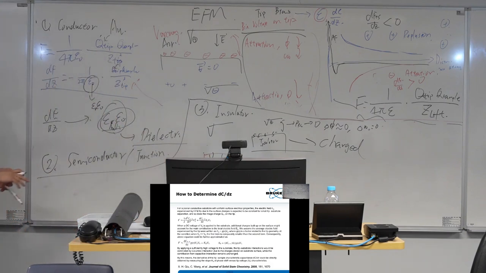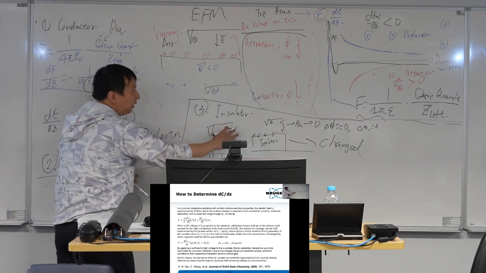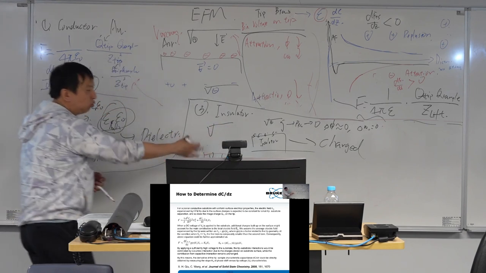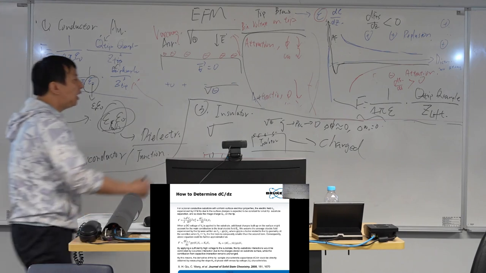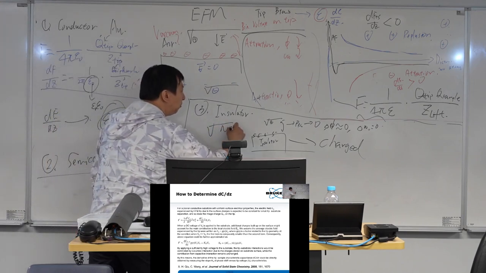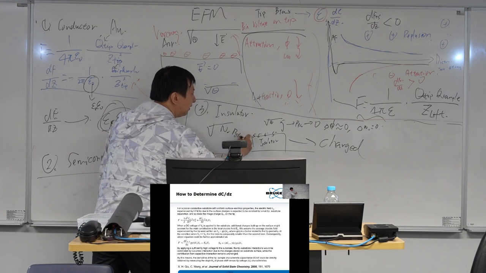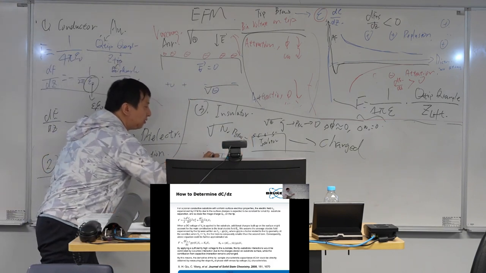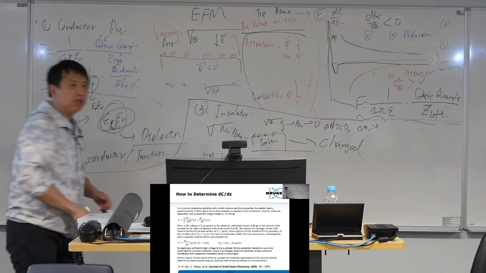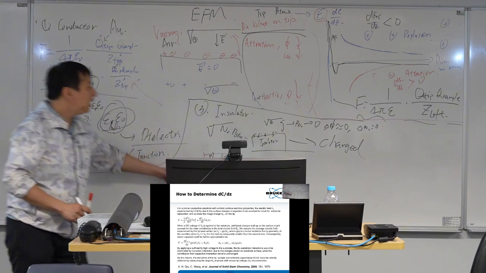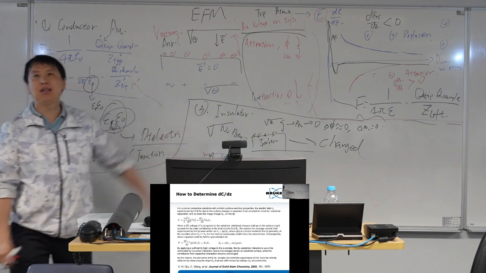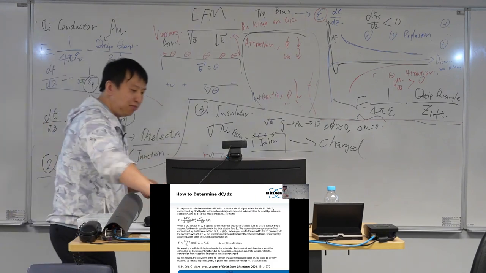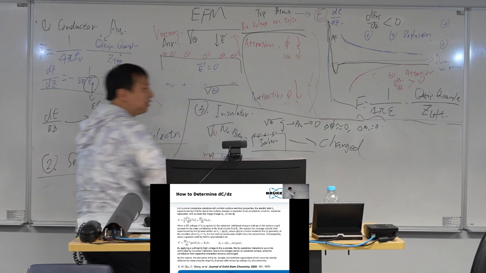What I will do, I will place my tips on top of the sample, and I apply low bias on the tip. And then, if the sample is charged, for example, if positive charge, it will polarize my tip, and then make my tip negative charge.